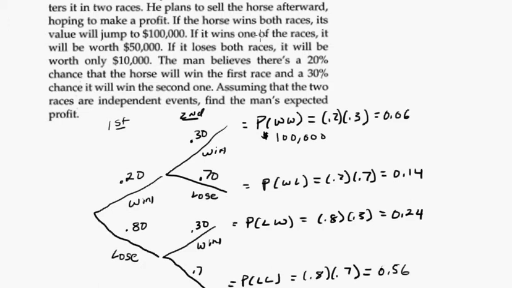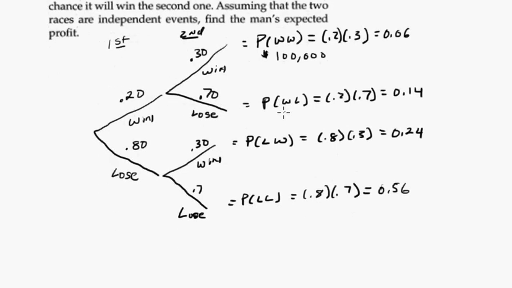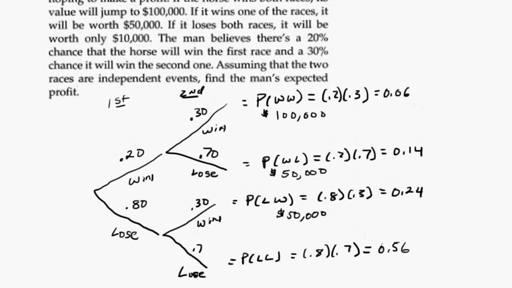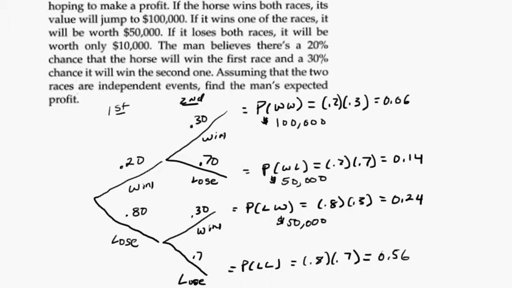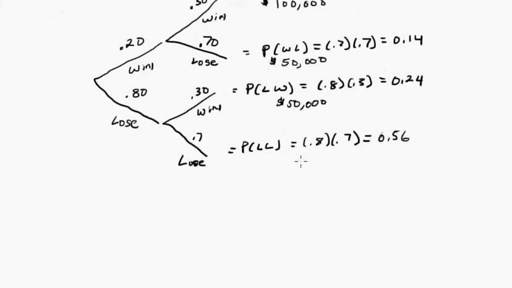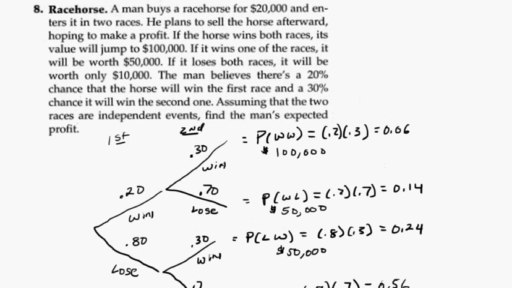If it wins one race, it will be worth $50,000, and same for the other one. And then if it loses both, it'll only be worth $10,000. Okay, so there's a tree.